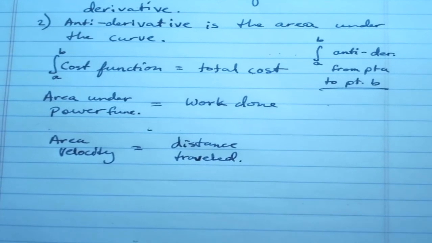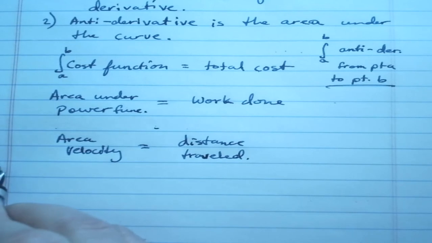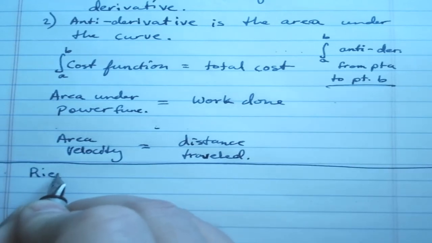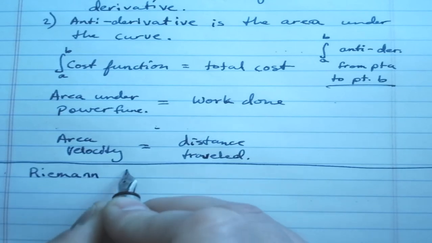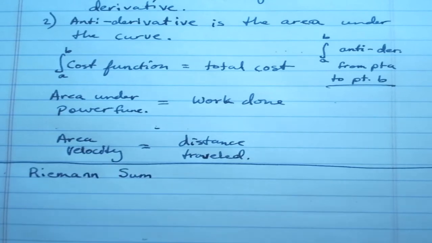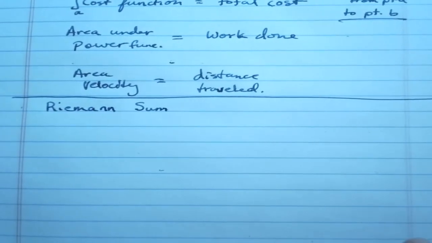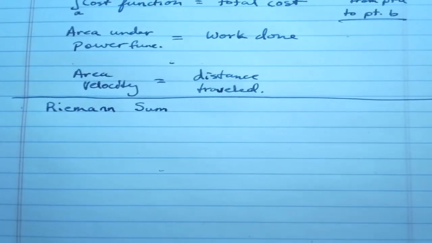Okay, so now the question is, how do we find this area? There's a couple of techniques. We're going to start with a real simple one. It's called a Riemann sum. We're going to use Riemann sums to find these areas. Now, there are 4 types of Riemann sums.